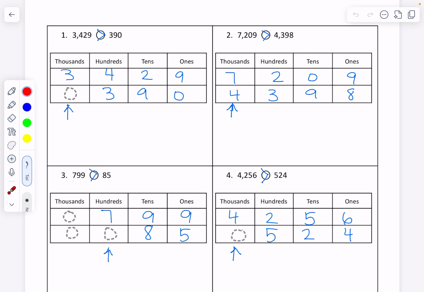So if a student were to write 390 like this, then actually what they're saying is that that number is 3,900. They cannot change the value of the number. And so starting here is actually incorrect.